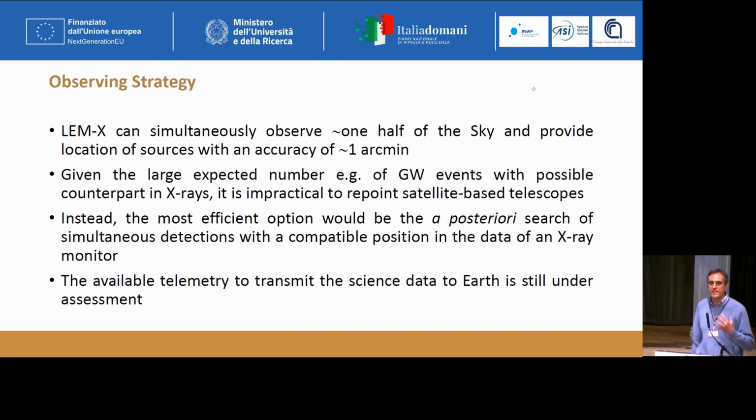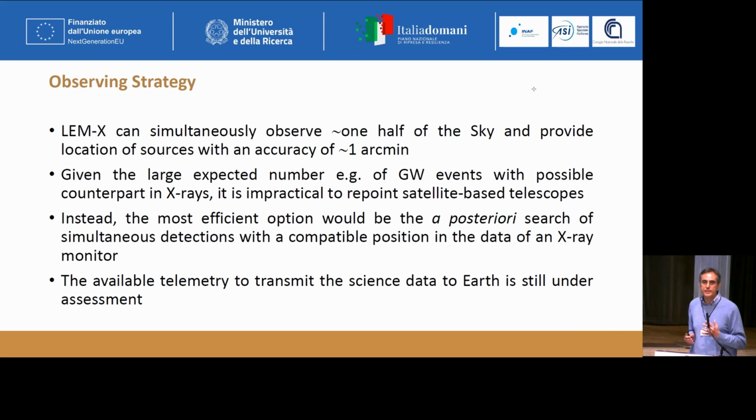And when I say large, I say tens or even hundreds of events per day. You may understand that it is impractical to try to repoint X-ray satellites like, for example, the Swift Observatory, as it is done nowadays, in order to find the counterpart of such gravitational wave events.